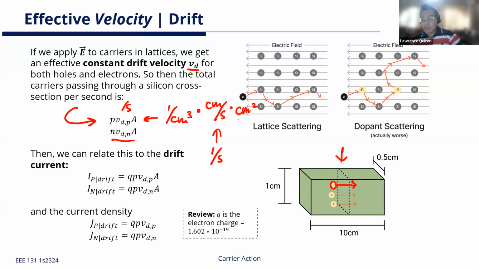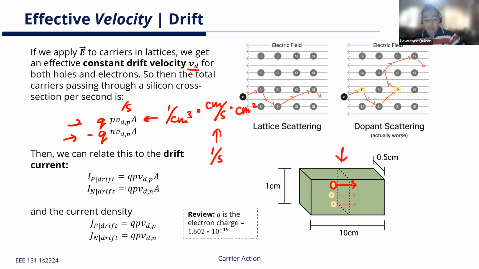So now that we know how many carriers pass through, all we need to do is multiply that with the charge. So you multiply this with Q to get the total amount of charge passing through this area per second. And you multiply also this with Q to get the total amount of charge passing through this area per second.